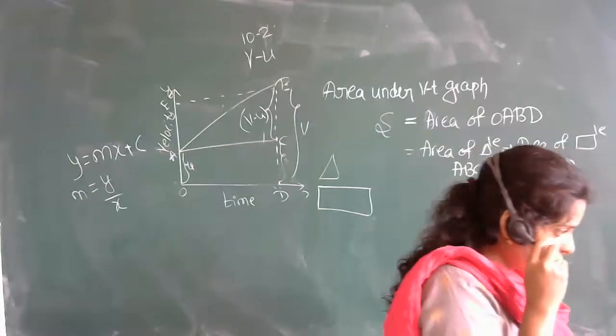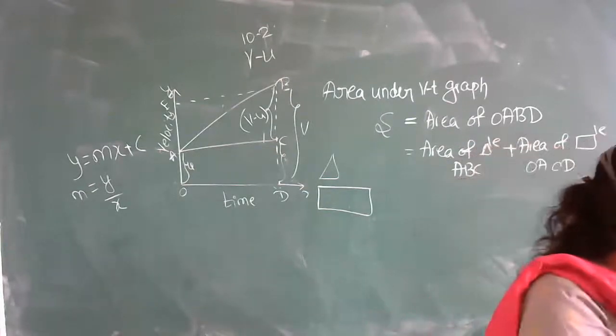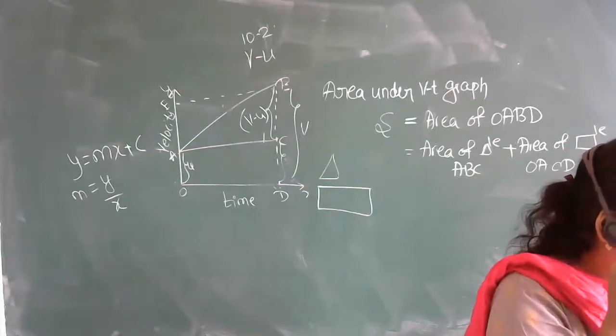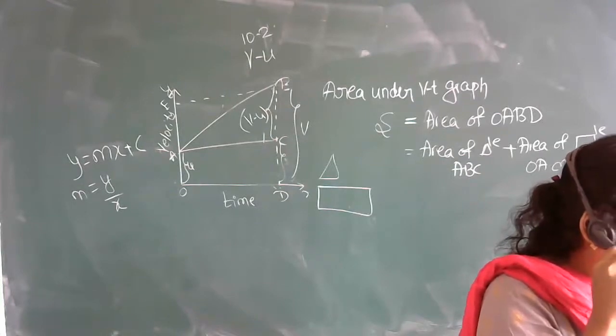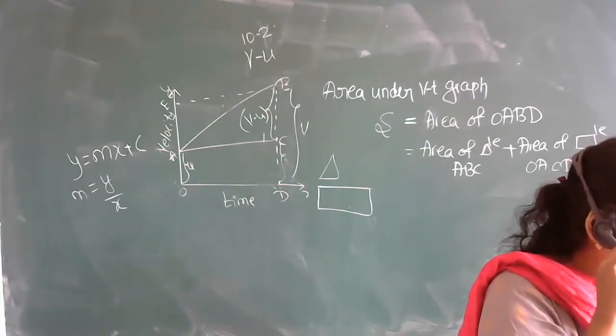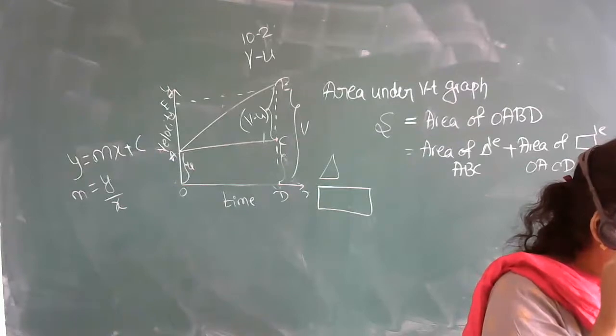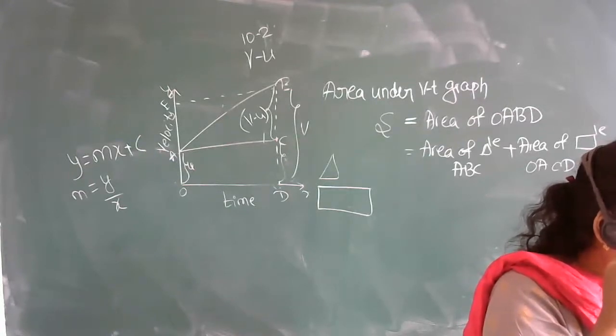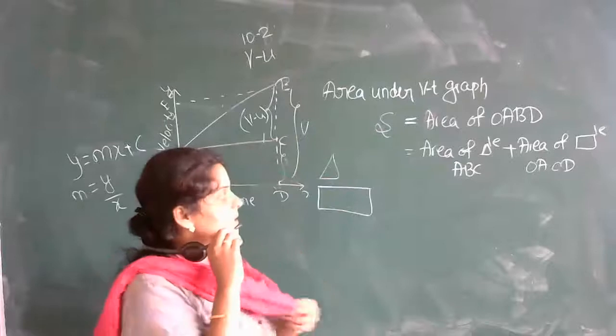Pranjali, what is area of rectangle? Hey, people don't know the area of rectangle formula? Okay, let me ask. Ma'am, L into B, that is length into breadth. Area of rectangle is nothing but length into breadth.